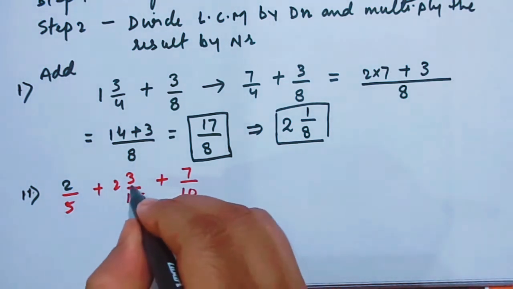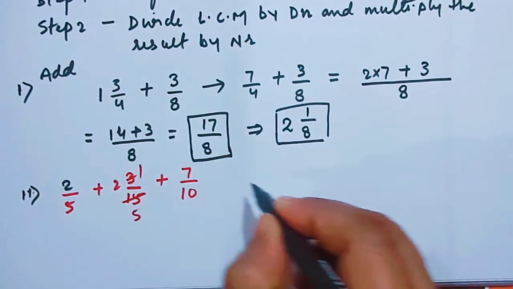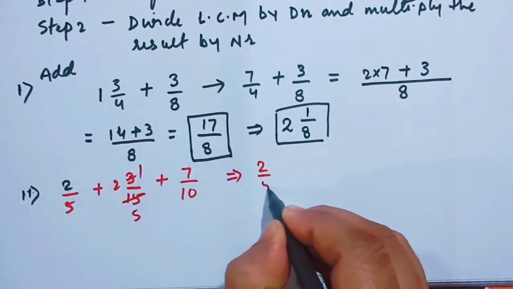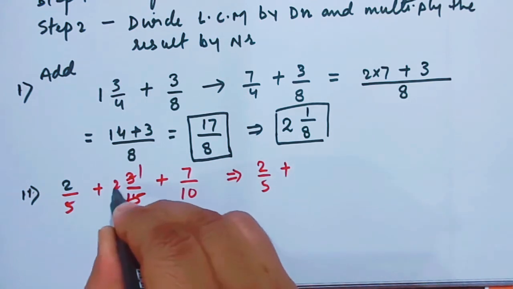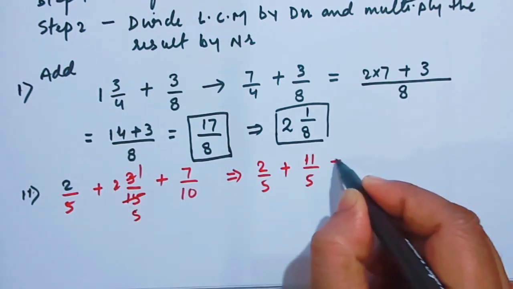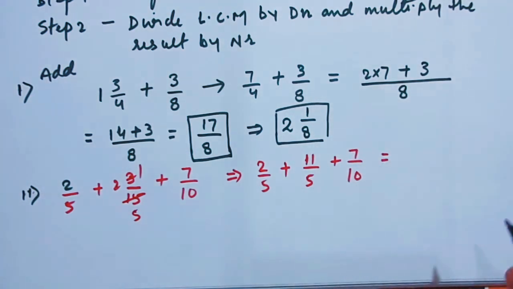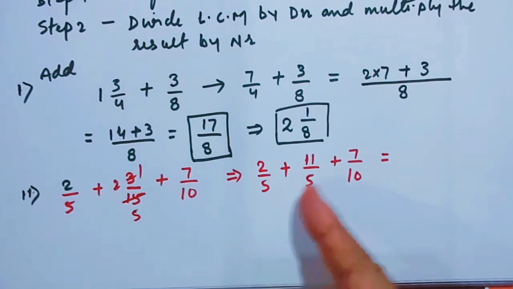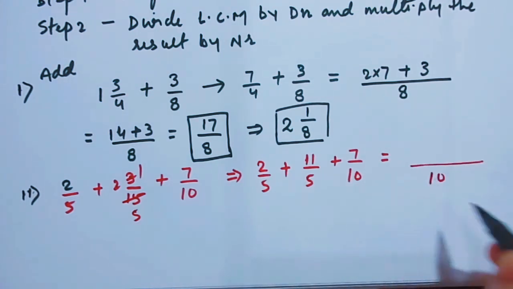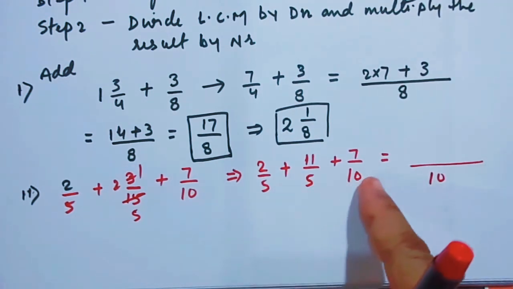But come on, let's start here. 3 1s are 3 and 3 5s are 15. So this will be reduced to 2 by 5 plus 5 2s are 10 plus 1, 11 by 5 plus 7 by 10. Can't you see that the LCM of these three denominators will be 10. Now divide this LCM by each of these denominators.